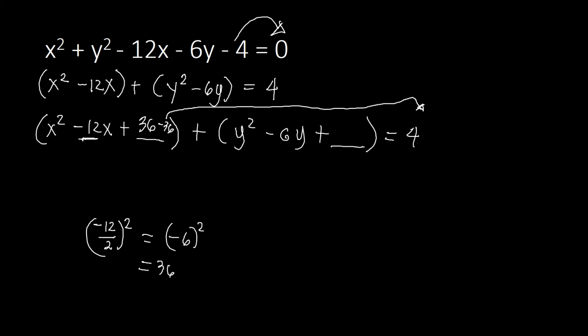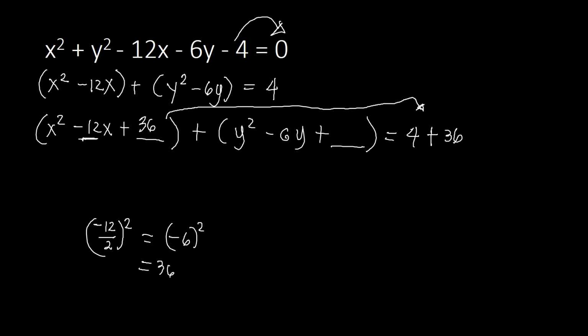So since that's minus 36, once it's gonna be moved to the other side, that will become a plus 36. So to simply say it, once you are adding a number here, that is the same number that you will be adding on the right side.